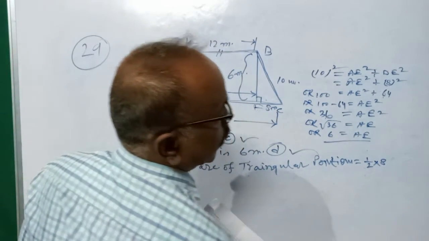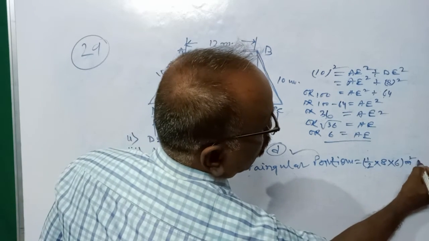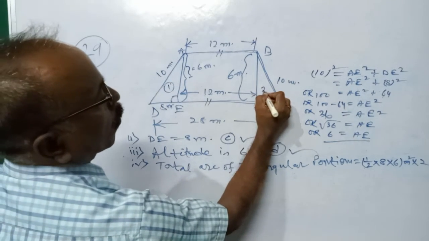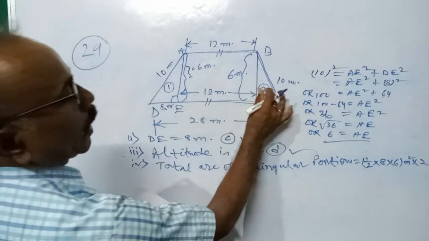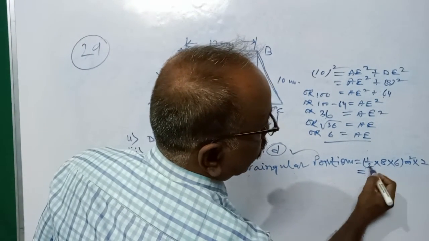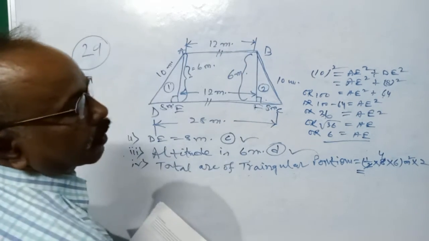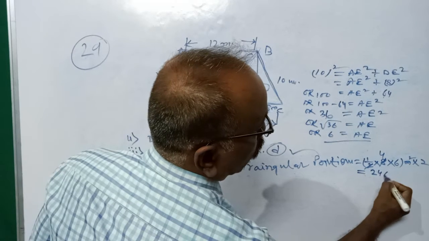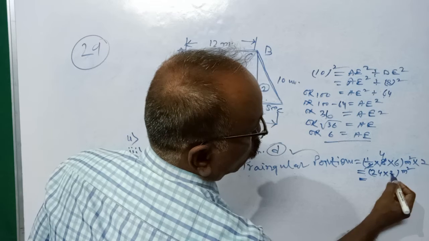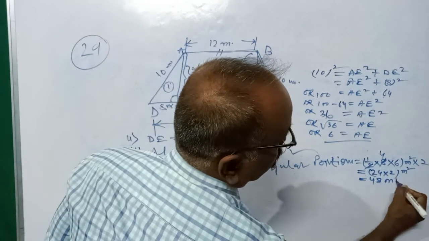Half base means 8 into height means 6, in meter square, into 2, as here there are two triangles, number 1 triangle and number 2 triangle. So the measure is 2 4 8, 24 into 2 meter square, which is 2 2 4, 48 meter square.